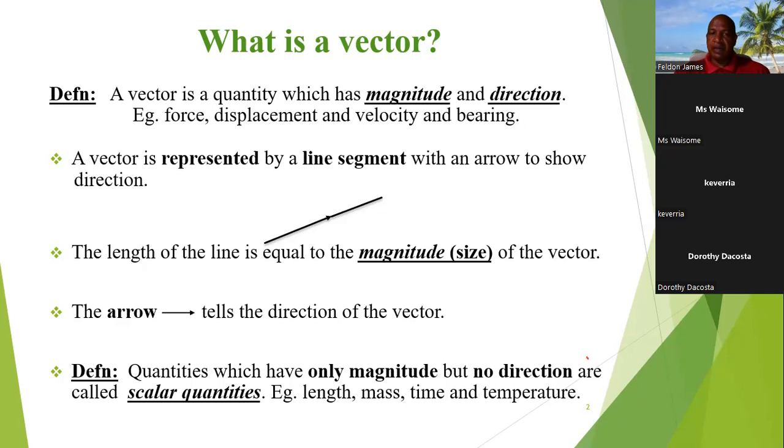So if we are dealing with a vector quantity such as a force, and we want to measure the size of the force, we have to have a scale length for 1 Newton. You're following what I'm saying? Ms. Wilson? Yes, sir. Right, so if you measure this piece and say this is 1 centimeter, then every centimeter you have a force of 1 Newton. Then the longer this gets, you find out how many centimeters come out of it to tell you the actual size of the force. Is that clear to everybody?